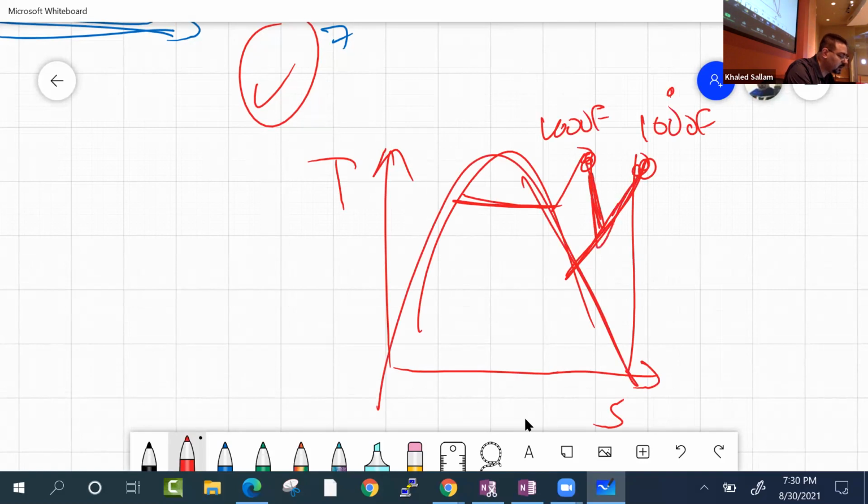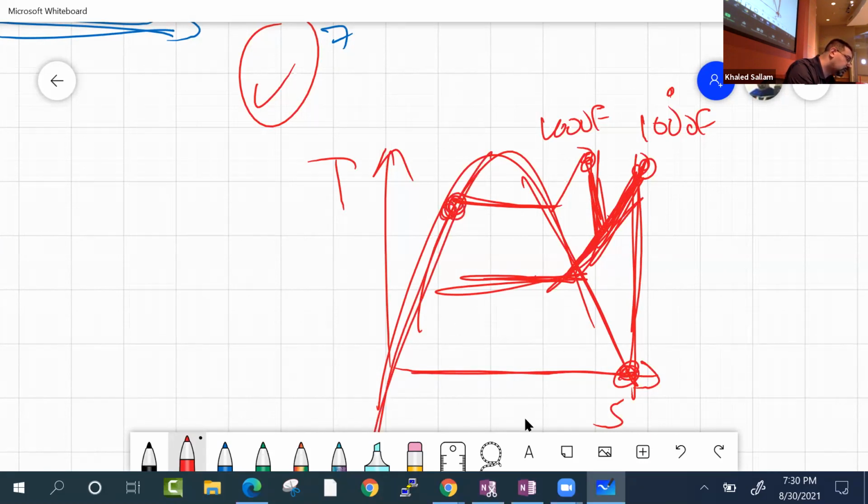Right? So this is the reheat pressure that they are doing. So the water that went to the boiler to get that hot was something like this.